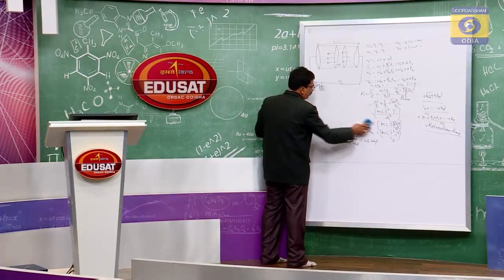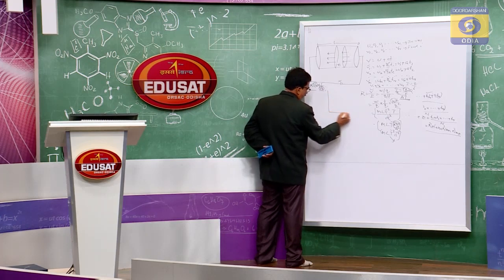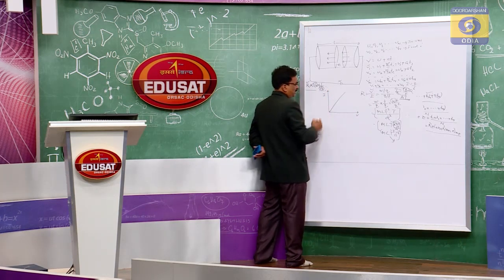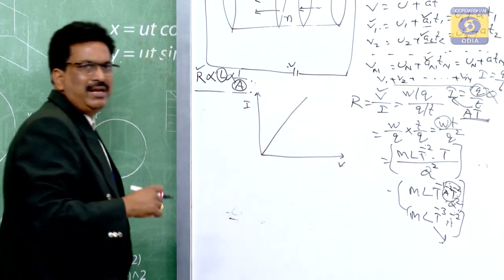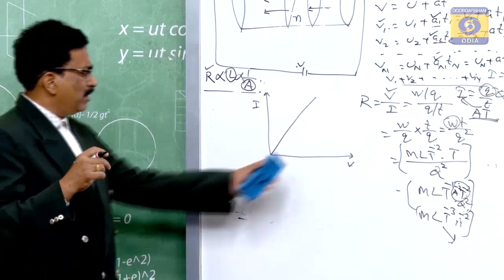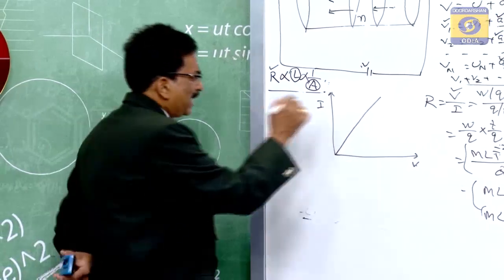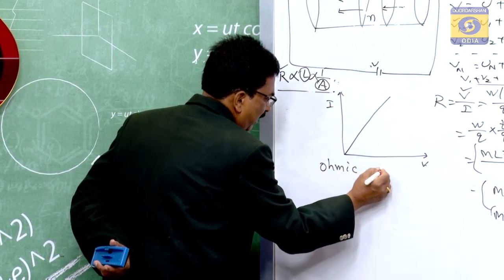So, if we put V versus I in a graphical form, as V is 0, there is no current. If V increases, the current increases. So, this is the graphical form of V with I. If in a conductor V and I satisfy Ohm's law, then that type of conductor is known as an ohmic conductor.